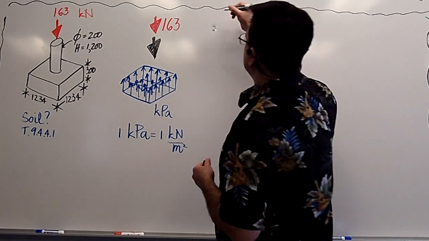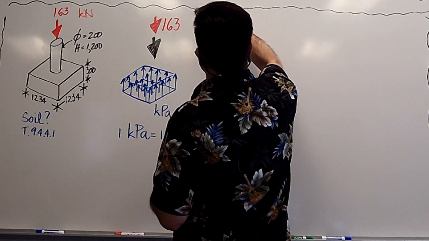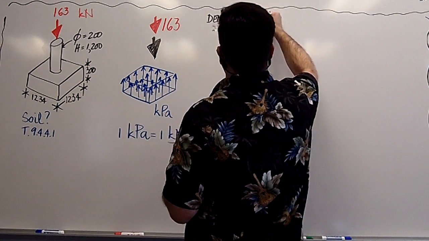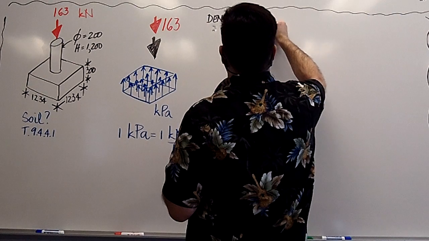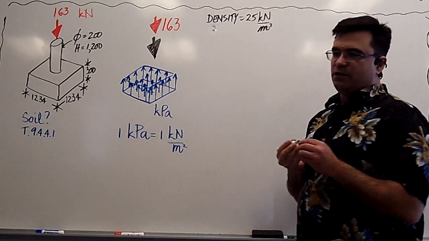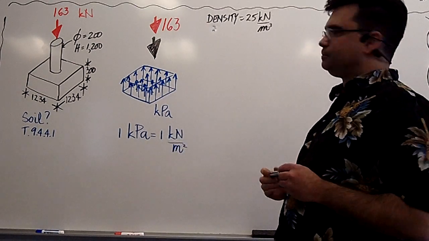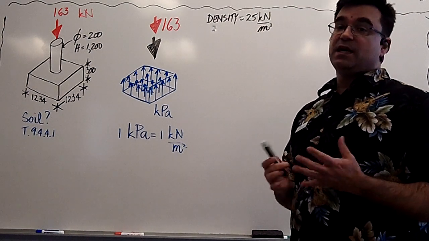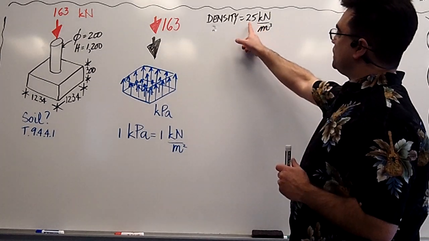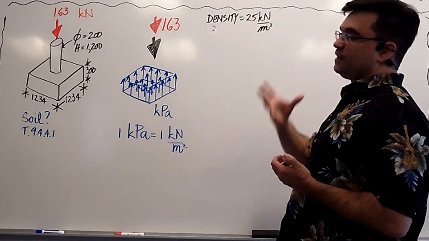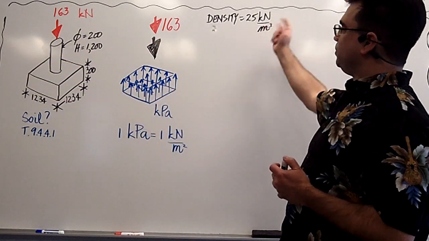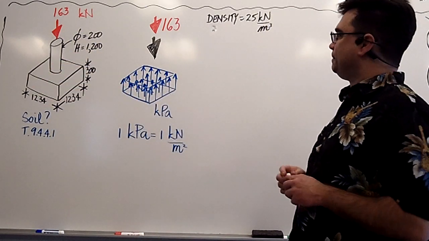I'm going to pick it as density 25 kilonewtons per cubic meter. I've chosen this as the value for the density of reinforced concrete. Now that I know this value, I have to find what the volume is of this setup so I can multiply the two to get a force.